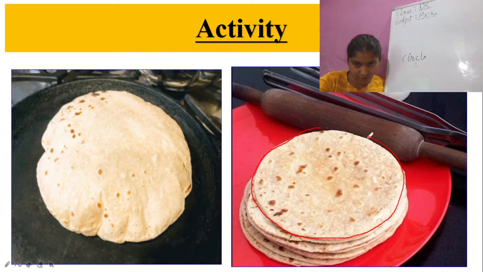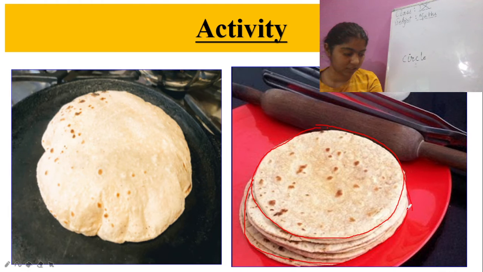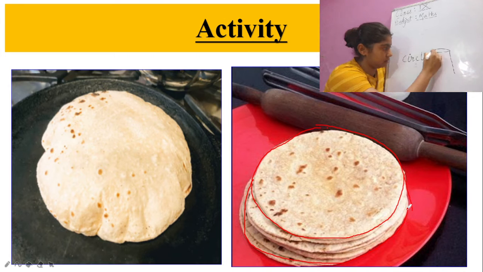Firstly, we have a circle, right? And if we draw a straight line to the last chapati at the bottom of the plate, we get another circle. So that means we get this type of shape, like this kind of shape we get.